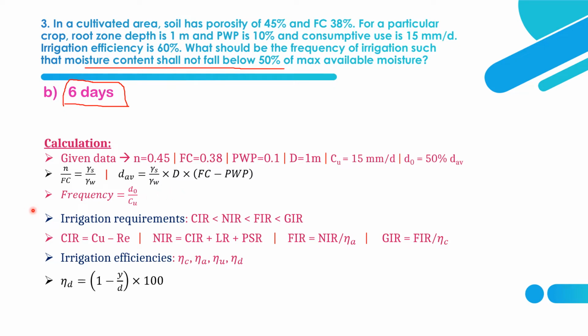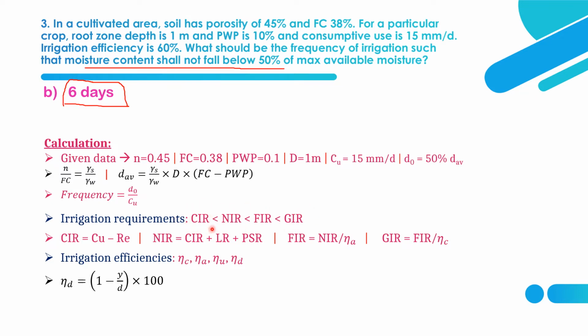Now we shall see other things apart from that: one is irrigation requirement and another one is irrigation efficiencies. First we shall see the irrigation requirement. There are 4 irrigation requirements: consumptive irrigation requirement, net irrigation requirement, field irrigation requirement, and gross irrigation requirement. This is the order in ascending order.